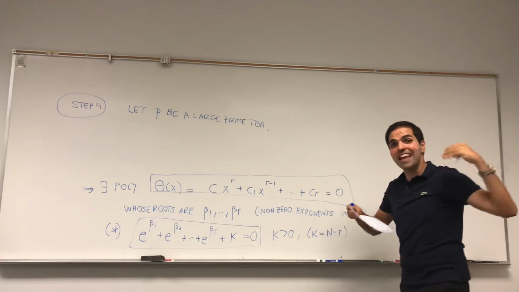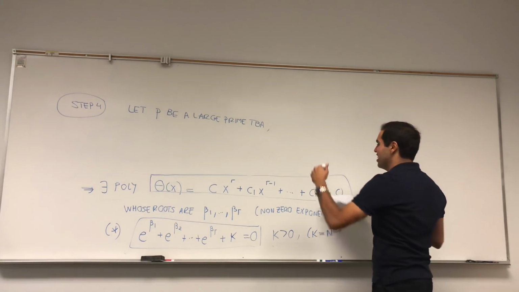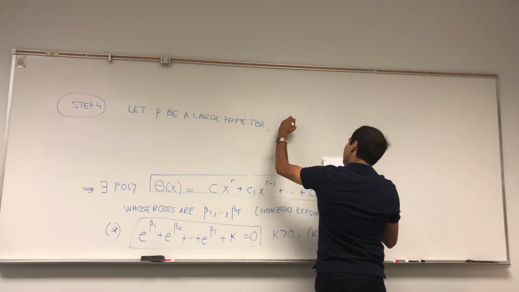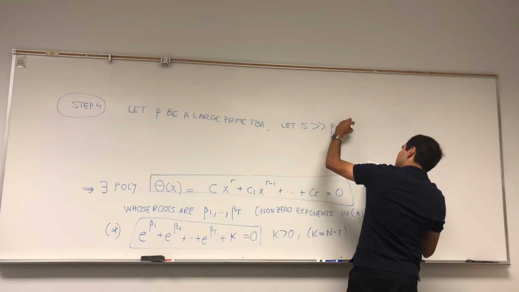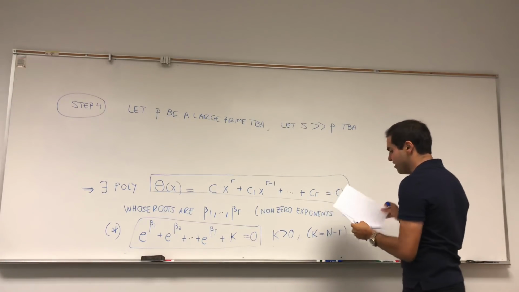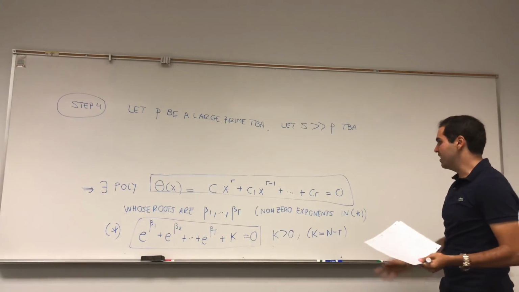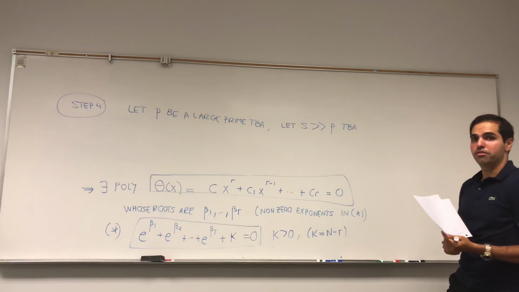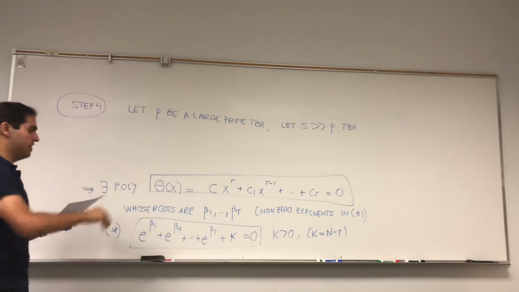In fact, we let p almost go to infinity, just like in the other video, and let s be a huge number, also to be announced. So much, much bigger than p, and in fact, if you want to know, it's rp minus 1, where r is there, so pretty big. But we'll need that at the end.